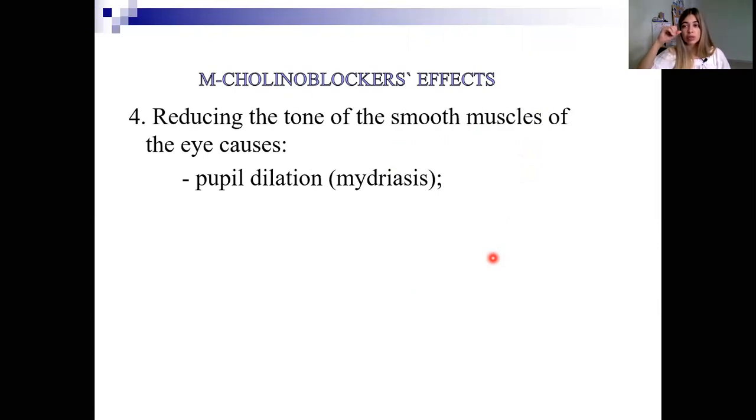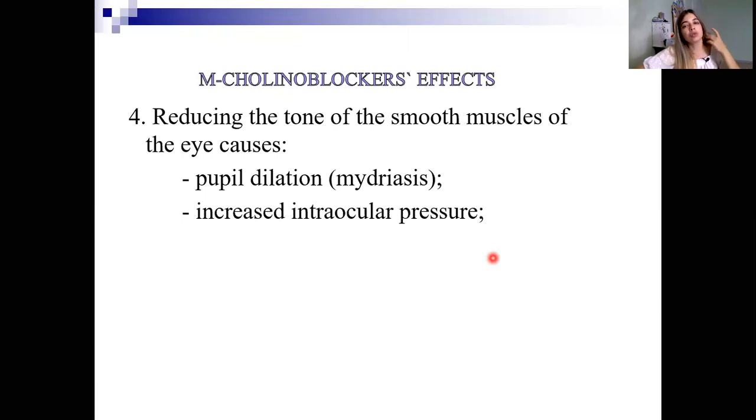And if you have M-choline blockers, it will be the opposite. There will be pupil dilation, because they relax the muscle, and the pupil will be dilated. So we will have mydriasis. Also, the intraocular pressure will be increased. That is worse in case of glaucoma. This is very dangerous. So we shouldn't use M-choline blockers in glaucoma. You see that, yes? So it is contraindicated.